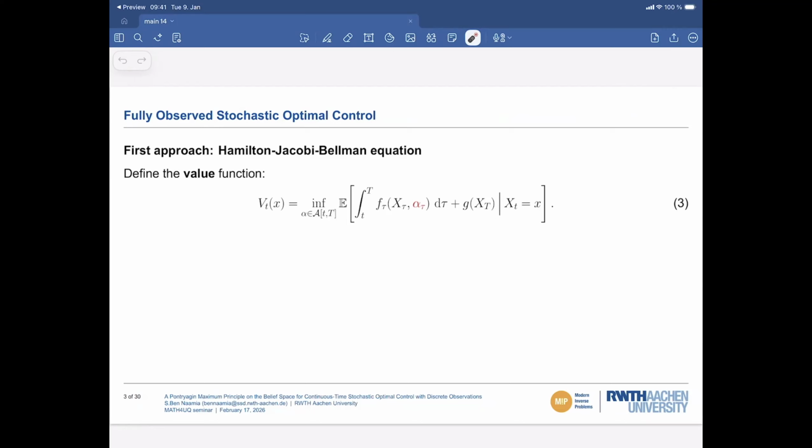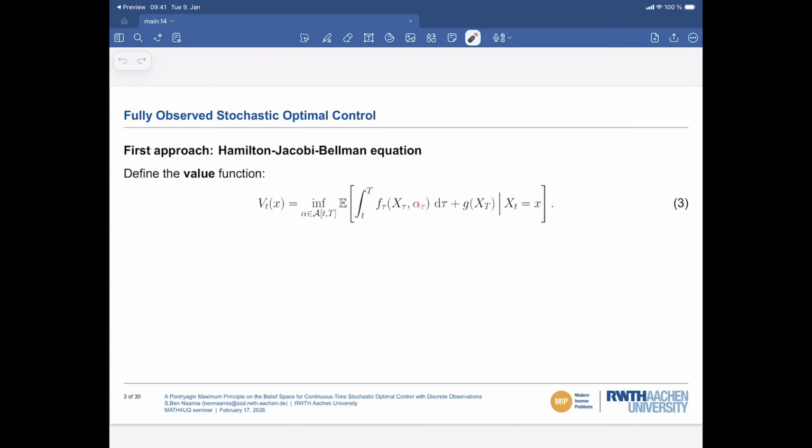And you define this for all x's. So basically, at each time, you position yourself at one point of time and at any point x, and ask: given the optimal control, what is the future value that would be expected in some sense?